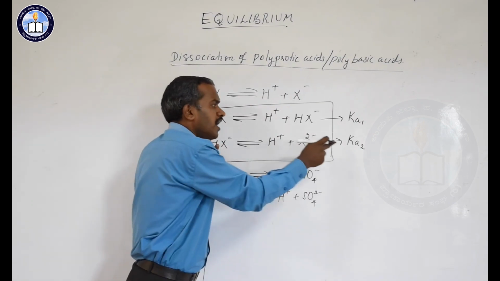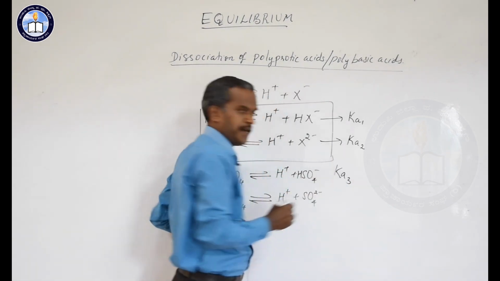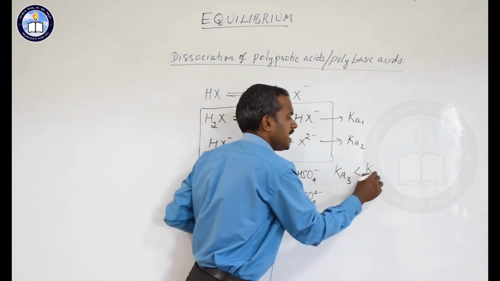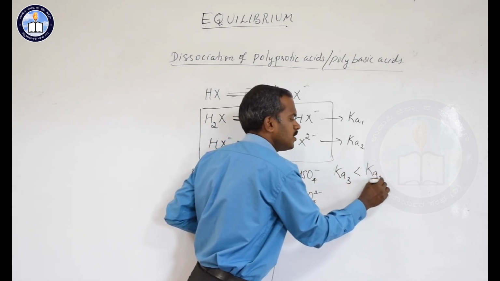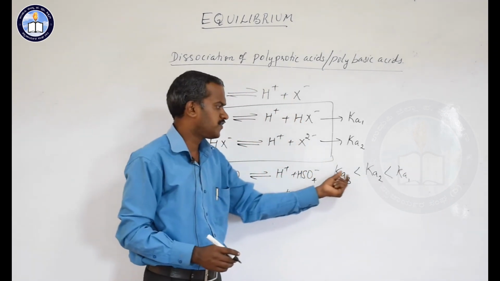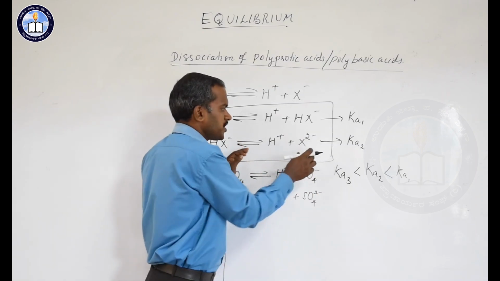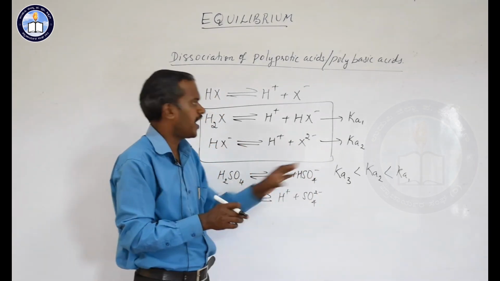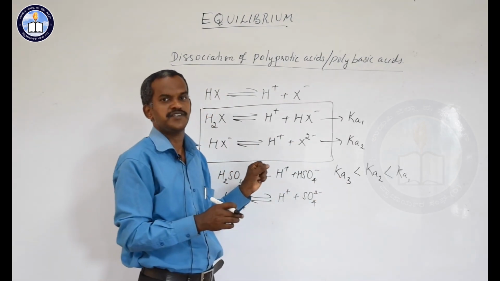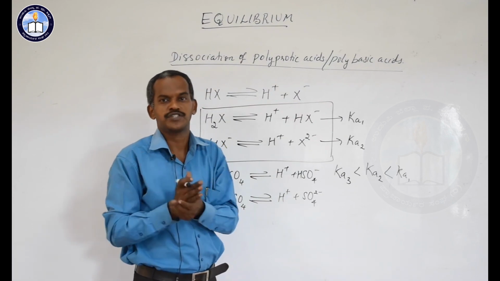So the higher values, suppose if Ka3 is there, this value will be smaller than Ka2 and Ka1, like this. We can understand the dissociation constants are smaller for higher order values because it is very difficult to remove the H plus ions or positively charged species due to larger electrostatic force.